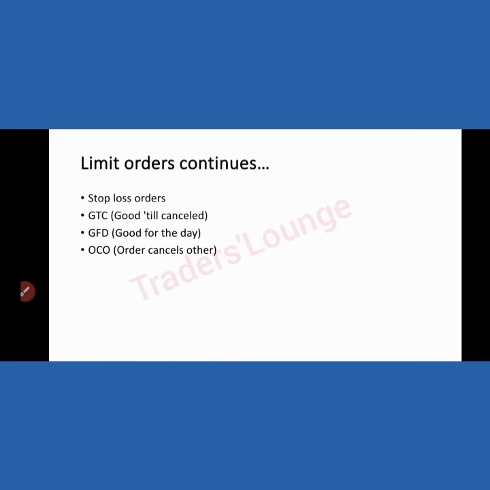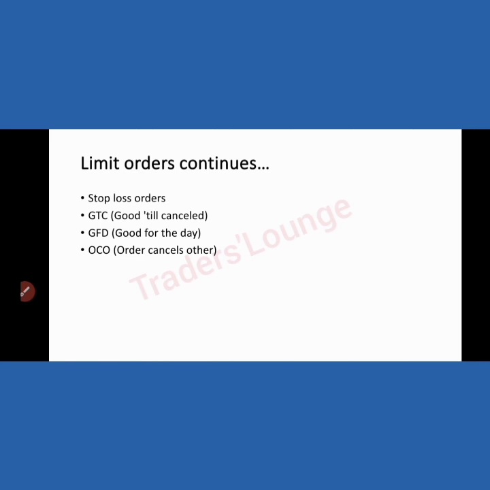And the next one is GTC, good till cancelled. This GTC keeps the order active in the market until you decide to cancel it. We have some people holding orders overnight.